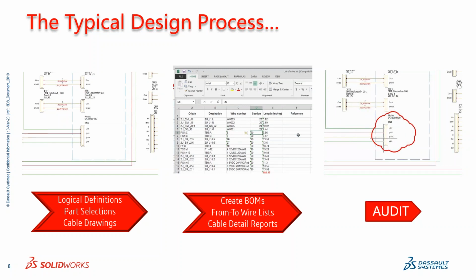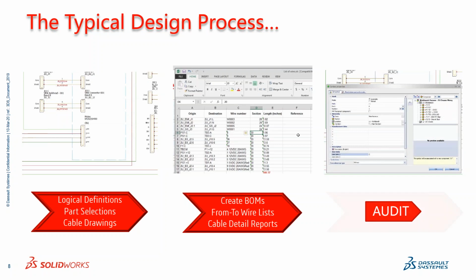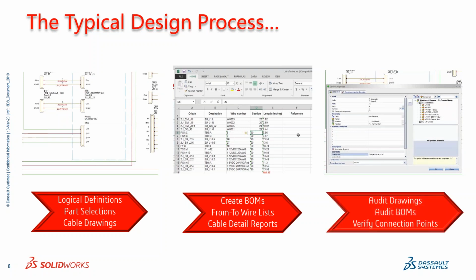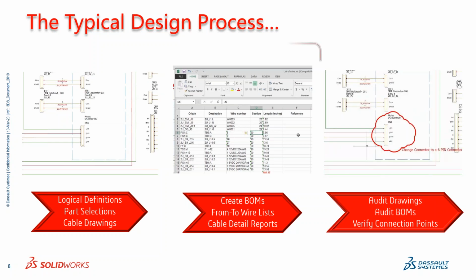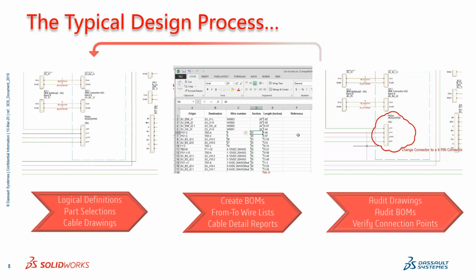From there, they have to go back in and audit everything and second check to make sure all that information is correct. And if there's a change, well, that cycle continues and you have to make that change. Then you have to go back and check your spreadsheet and re-audit it and make sure everything is right. I call it the vicious cycle. You almost never end. You're always doing the same cycle over and over again.